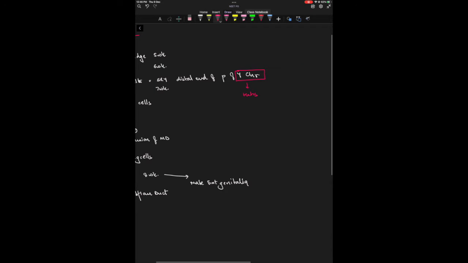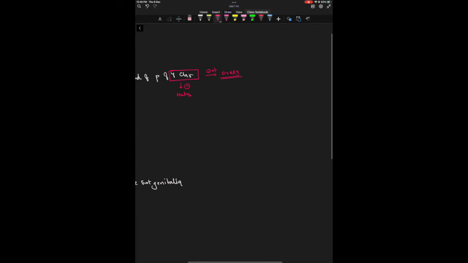Now, the Y chromosome, we know that it stimulates the formation of testes in males, and the absence of Y chromosome leads to the formation of ovaries in females. But the functioning of ovaries is determined by the presence of X chromosome, and that too there should be two X chromosomes.